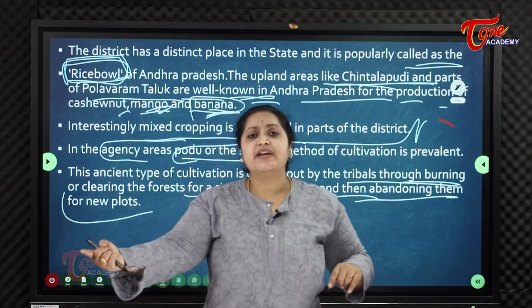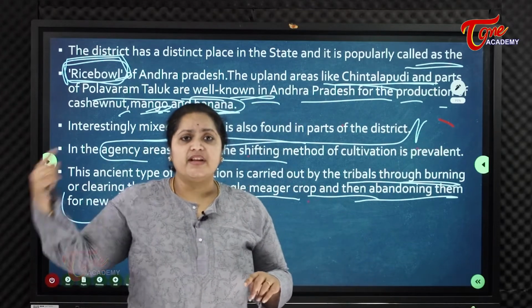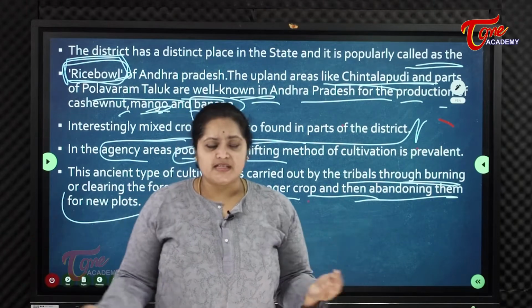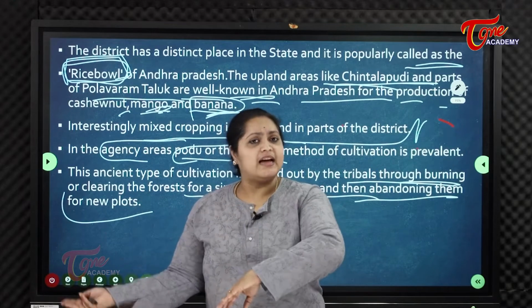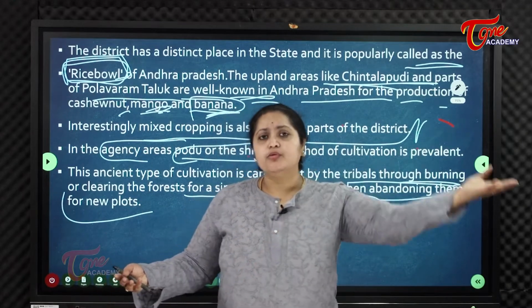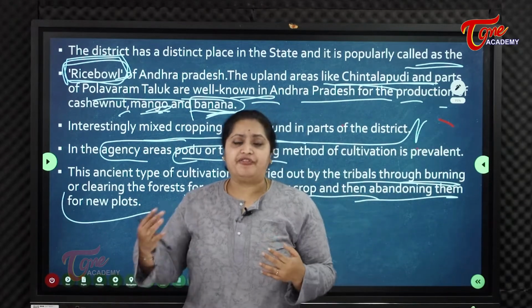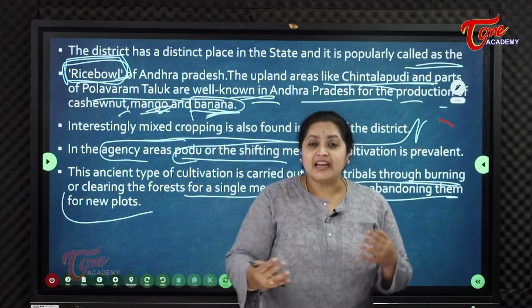Again they burn trees over there, and again they start farming, and after the harvest they abandon that area also and go to some other place. That is called shifting, like nomadic farming.